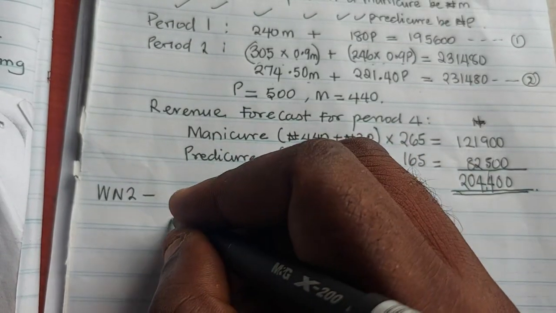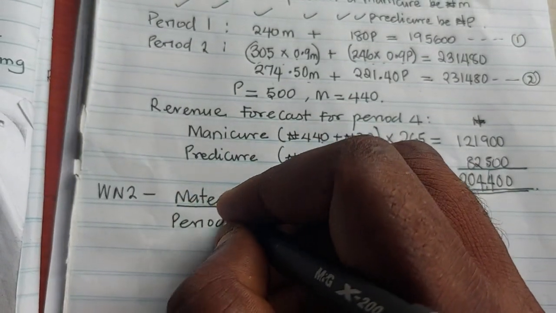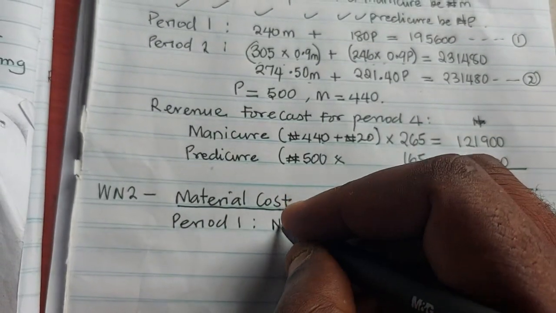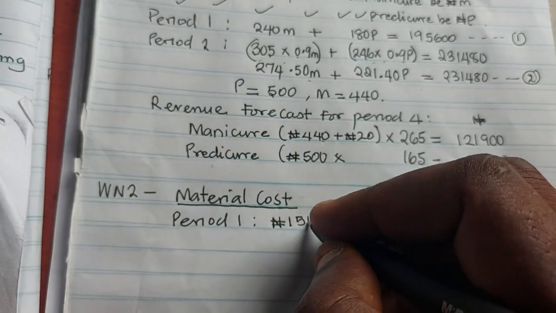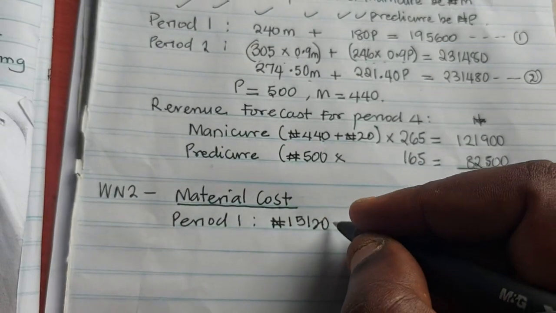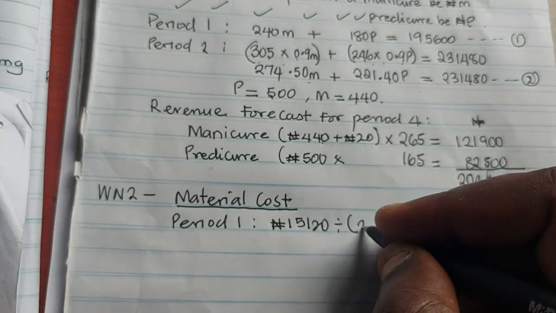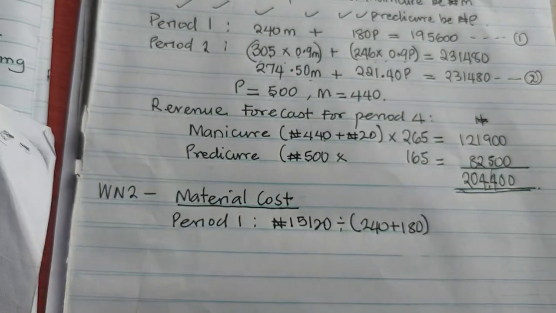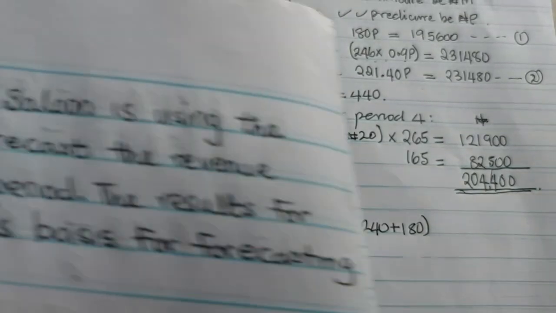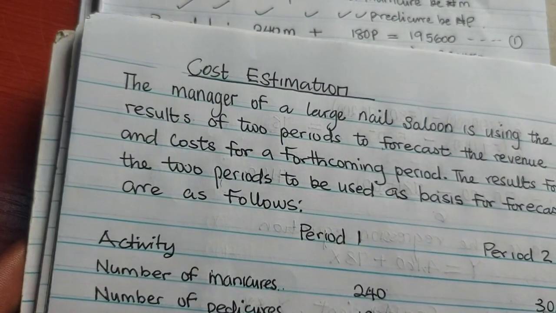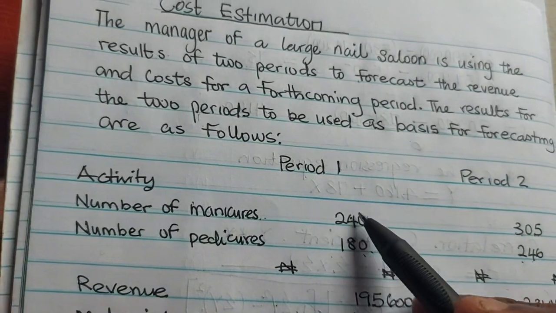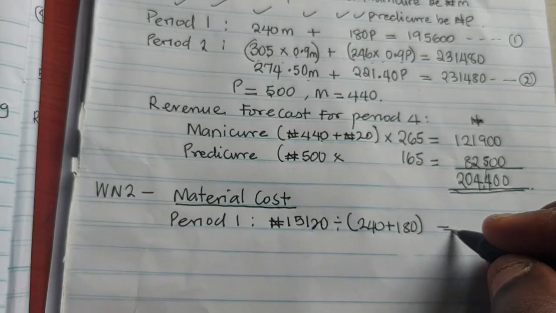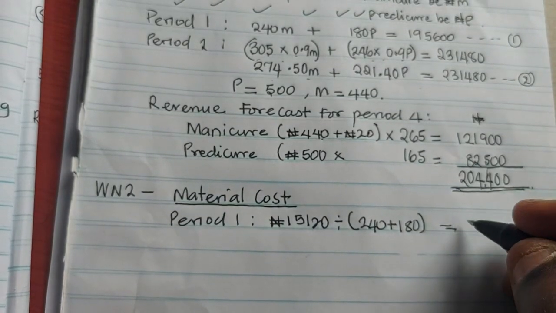For period 1, the total is 1512 divided by the addition of 240 plus 180. How do I get this 240 and 180? It has been given, the addition of manicure and pedicure, divided into the material cost. So what do I have here? I'm having 36 naira.